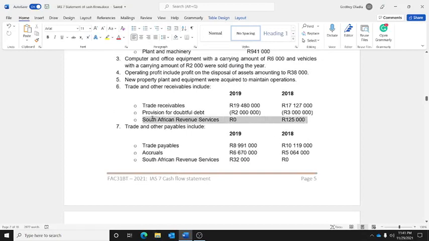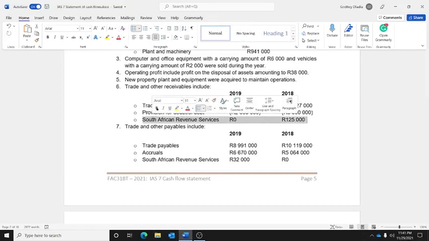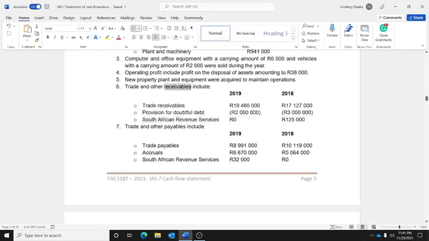There's 125 sitting in trade receivables as opening, you see. So this will become a debit. It will be on the debit side in this SARS account as an opening amount. And the 32 will be on the debit also as a closing. Opening is on the debit side because it's sitting under receivable.